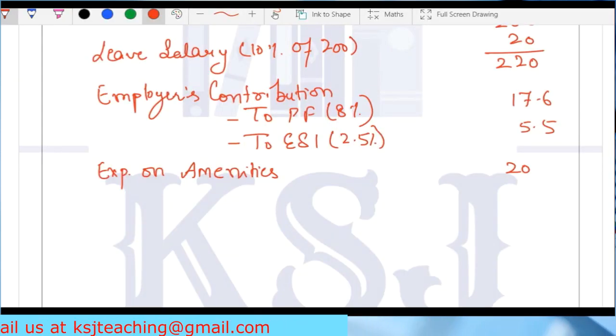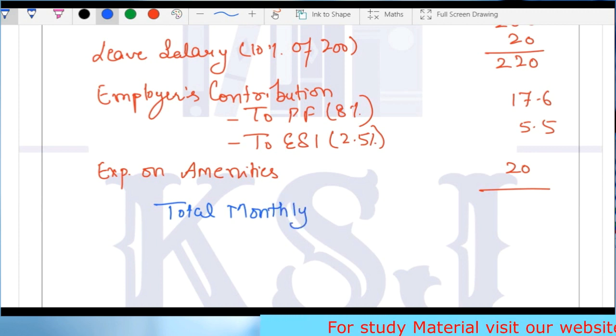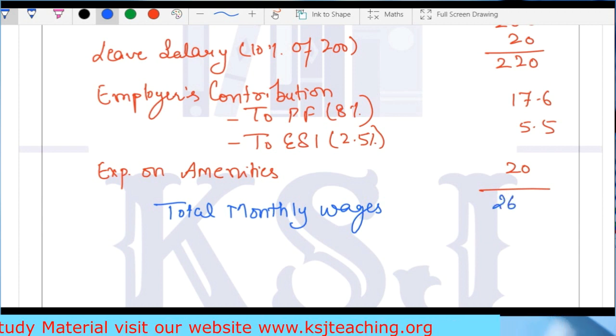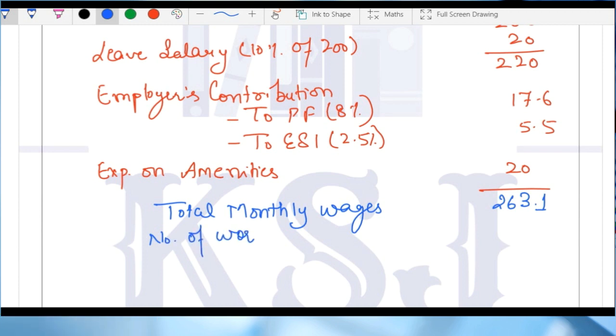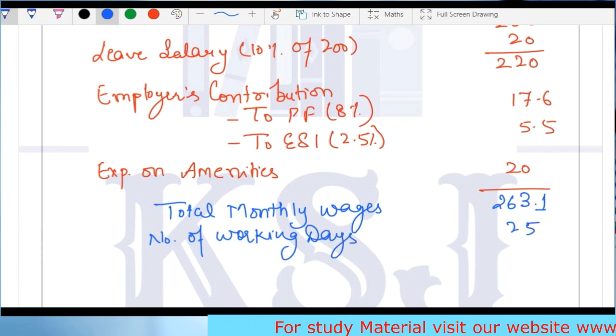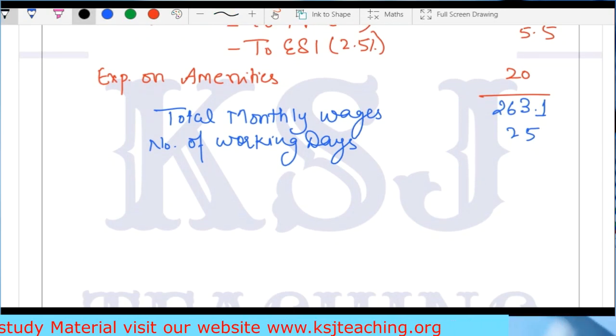So what I get here is total monthly wages, which is 263.1. Now, number of working days is 25. So I can calculate the labor cost per man day.